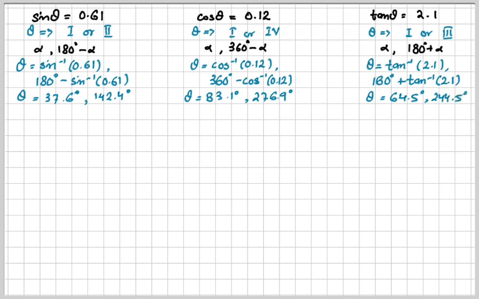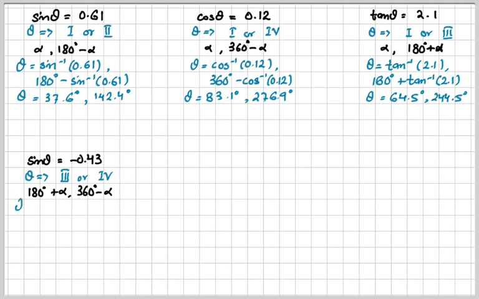Okay. So let's assume now for the negative values. So let's say we have sine theta equals negative 0.43. So sine is negative. Sine is negative in the third quadrant and the fourth quadrant. And we know the angles of the third quadrant and the fourth quadrant.